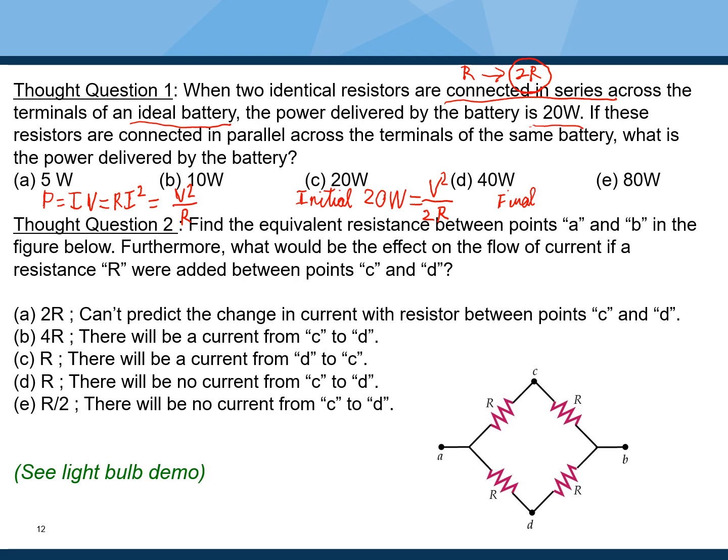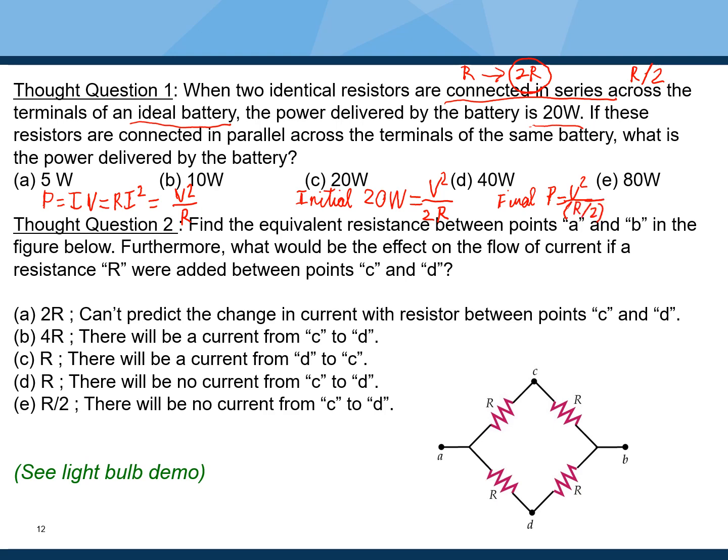We have to flip the numerator and denominator. So the equivalent resistance is just R over 2 in the parallel situation. And so in the final situation, the power consumption is equal to V squared divided by R over 2.